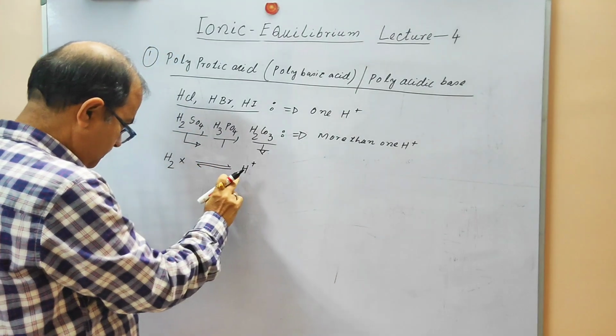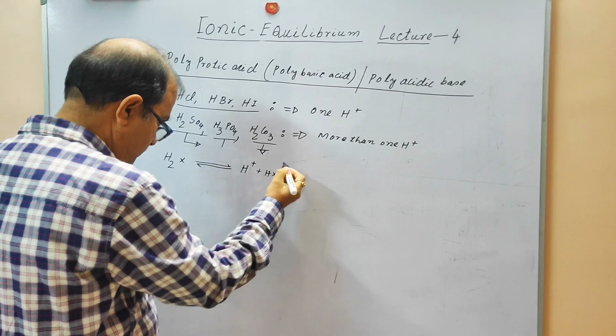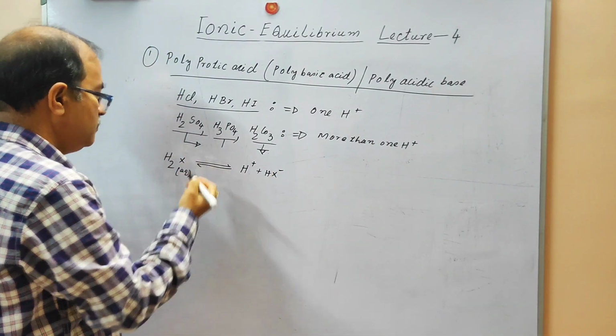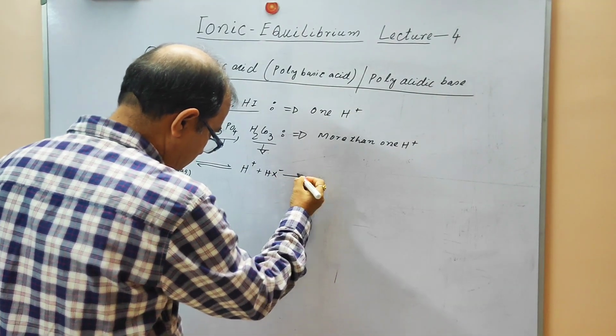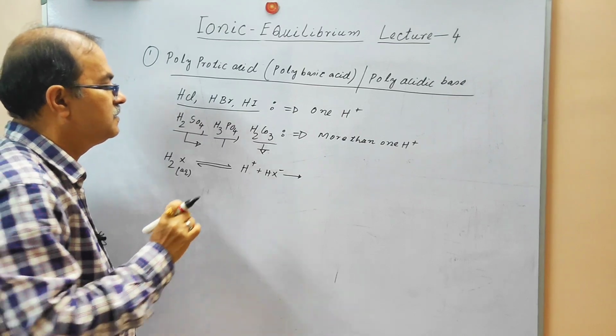In the first step this will create HX minus. All are in the aqueous solution, you have to write this in the aqueous solution. So this is the first step where 1 hydrogen ion has been liberated by this acid.